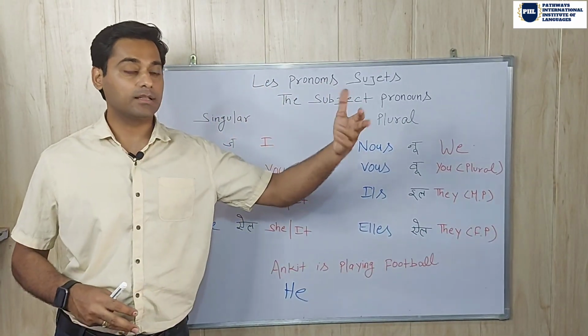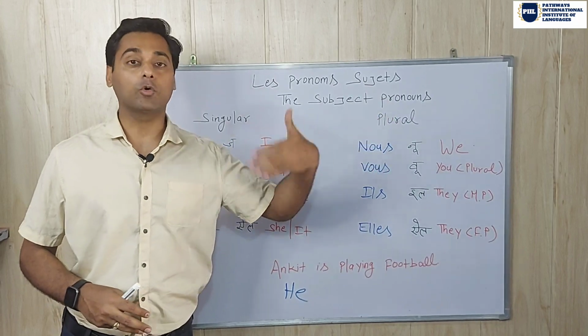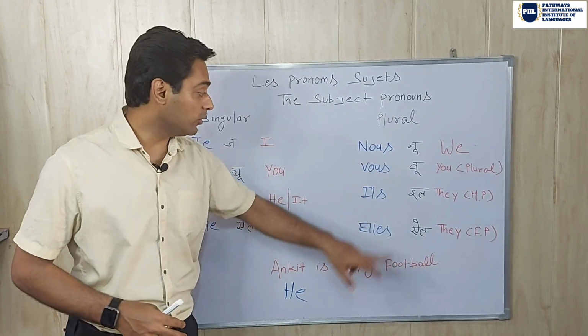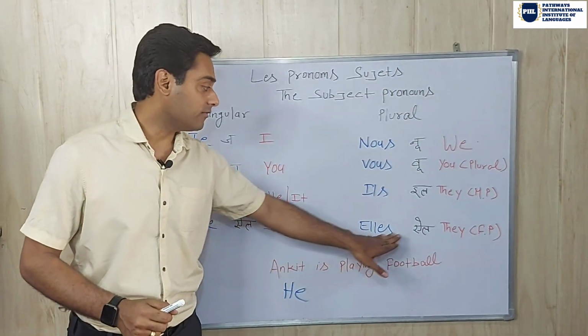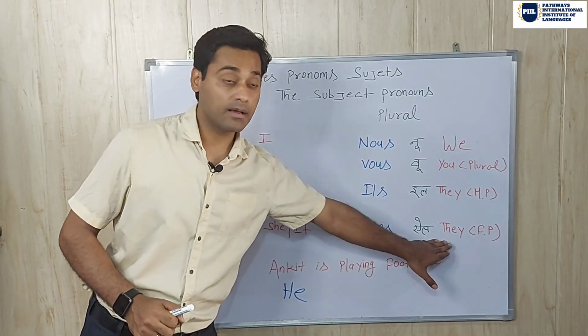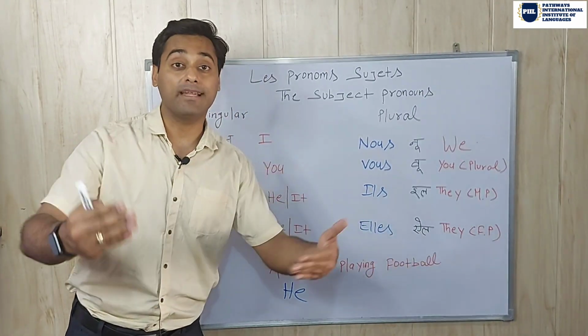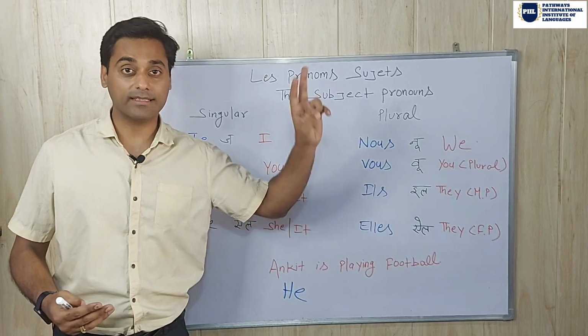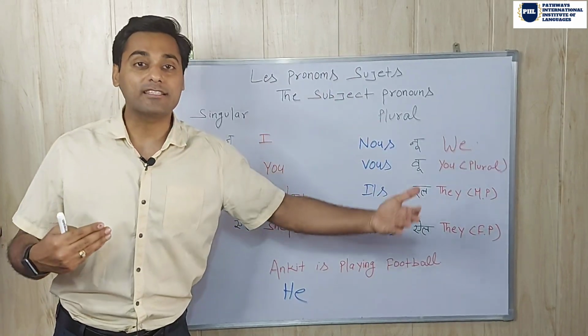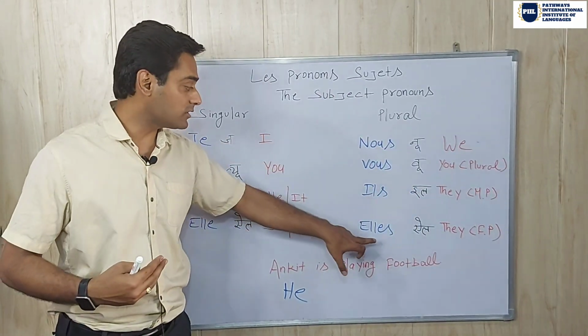For example, there are two boys and if I want to address them as they, then I would use ils. Next is elles, which also means they, but we use elles for feminine plural nouns. For example, there are two girls and I want to address them as they, then I would use elles.